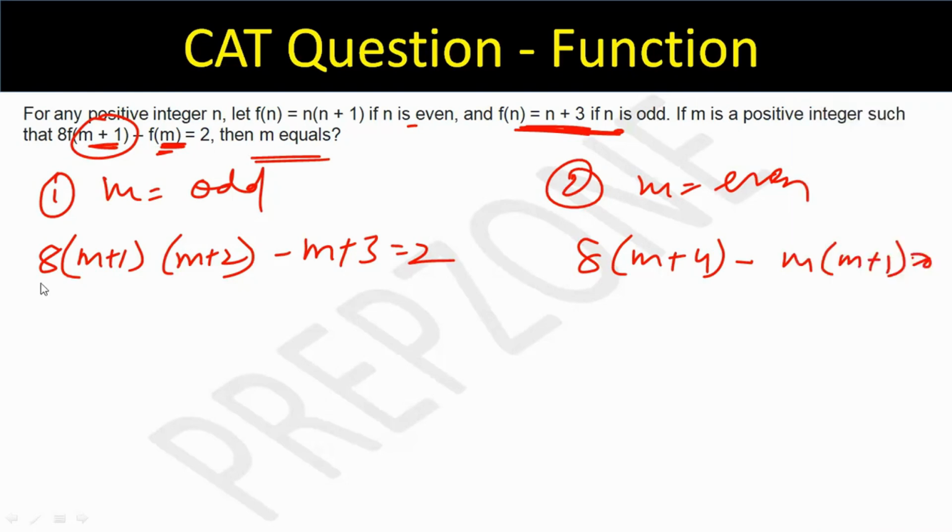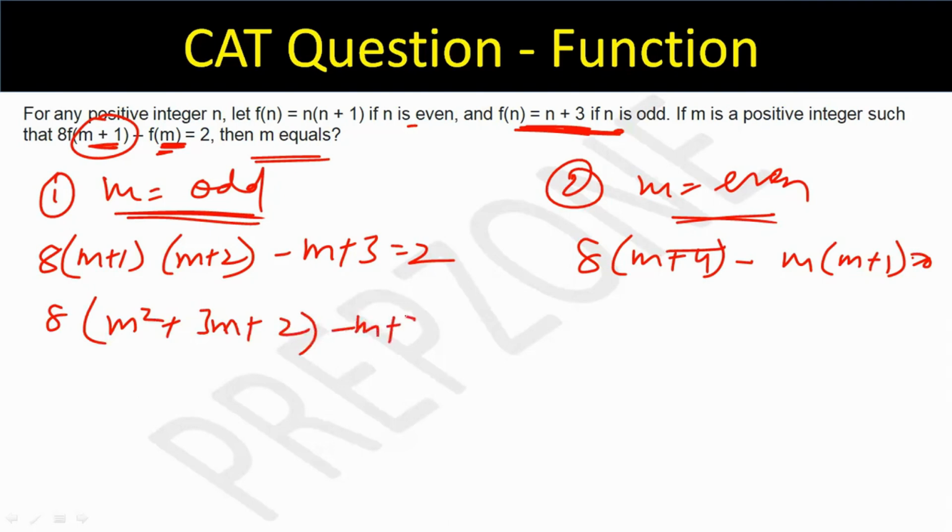And yes. So now it's simple calculation and then validating whether this holds here or not. So it is 8 of m square plus 3m plus 2 minus (m plus 3) is equal to 2. This is 8m square, 24 minus 1 is 23m, 16 plus 3, 16 plus 1 is 17, is equal to 0.